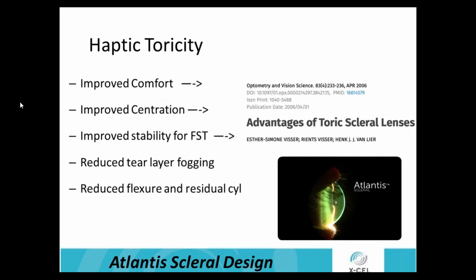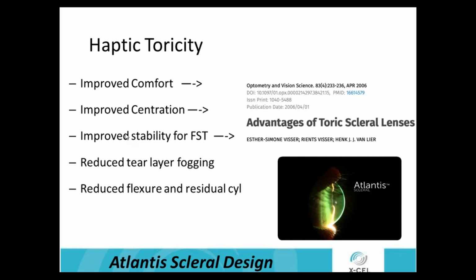The centration, we talked about the decentration. Well, if we do have a well-aligned lens, it centers, and it can bring that lens up and center that lens significantly better than not aligning with that sclera. And its stability. So we use the stability of that toric haptic.